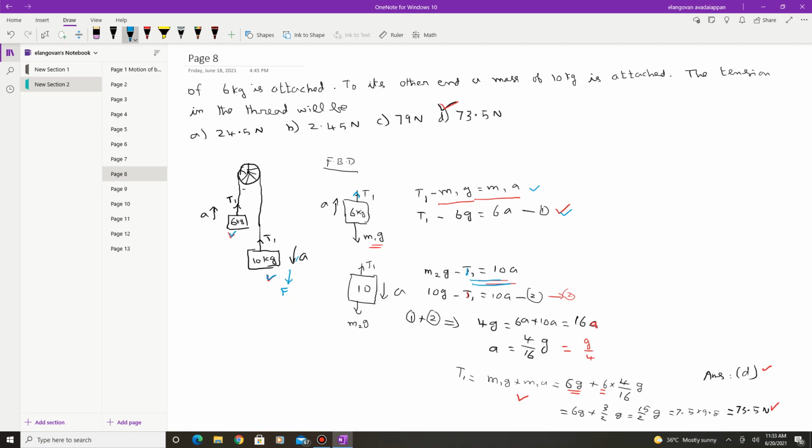If you add equations 1 and 2, you get the acceleration, and the acceleration is found to be g by 4. From equation 1, T1 is equal to m1g plus m1a, where m1 is available, g is known, and a is g by 4. Once you substitute, the value of T1 is calculated as 73.5 N. So option D is the correct one.